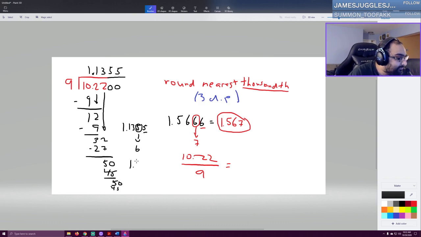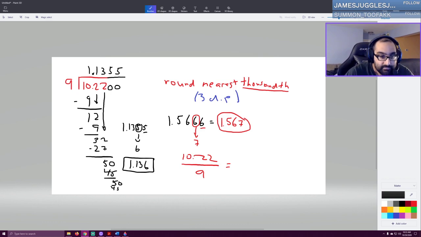So that answer is correct. 1.136 is going to be our final result for this particular problem. Okay, good. Any questions about that?